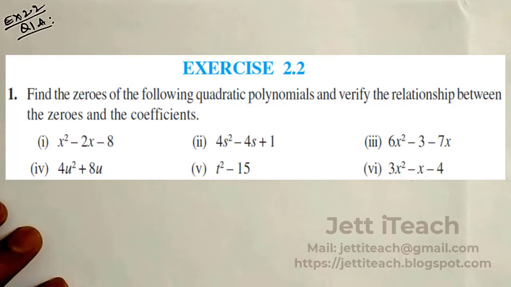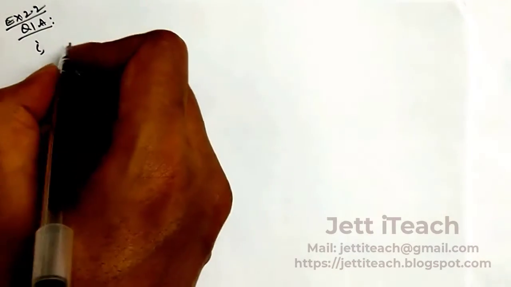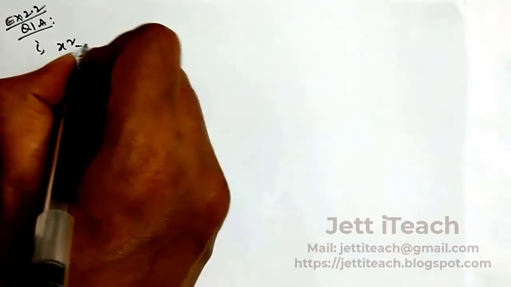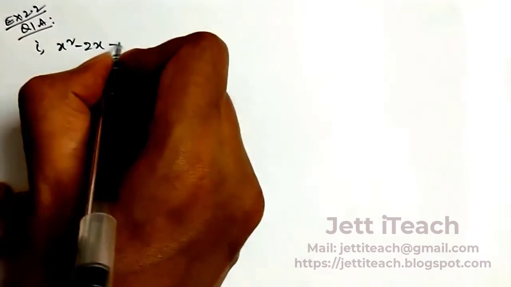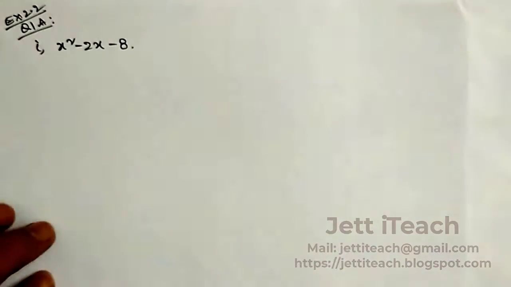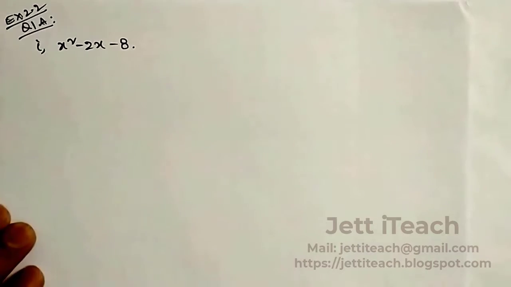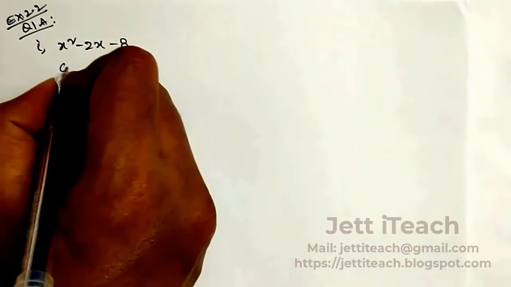Exercise 2.2. Find the zeros of the following quadratic polynomials and verify the relationship between the zeros and coefficients. Okay, first one: x square minus 2x minus 8. Write the given polynomial.